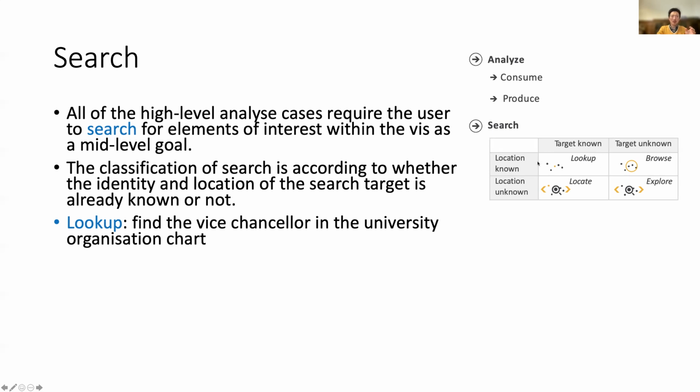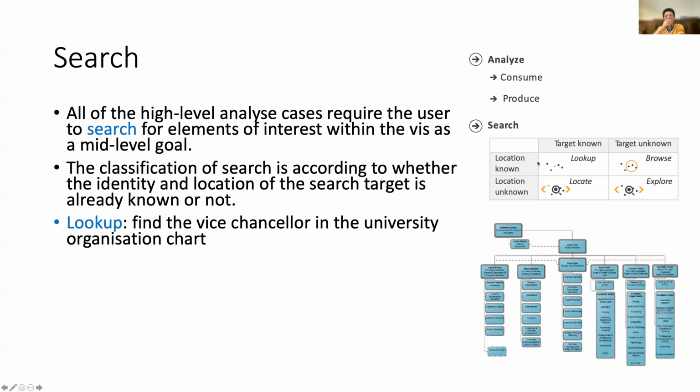And that's what lookup means. In this case, we need to find the vice chancellor in the university organization chart. So this is the organization chart. It could be a university, it could be a company. The vice chancellor is like the boss, the most senior person in the university. So in this case, you know who you're looking for.